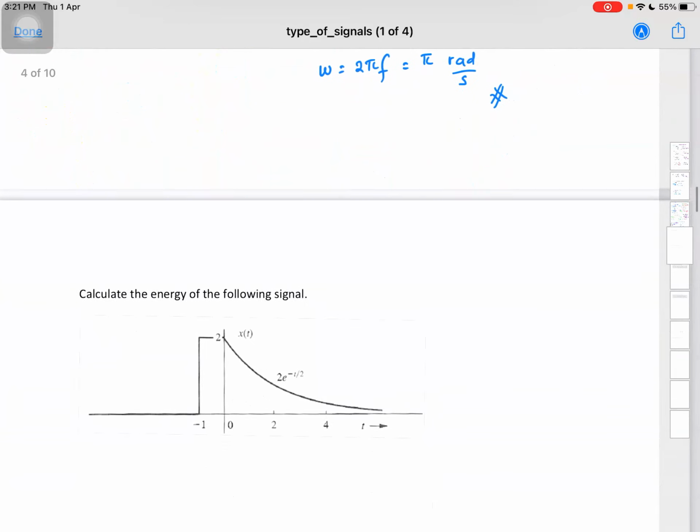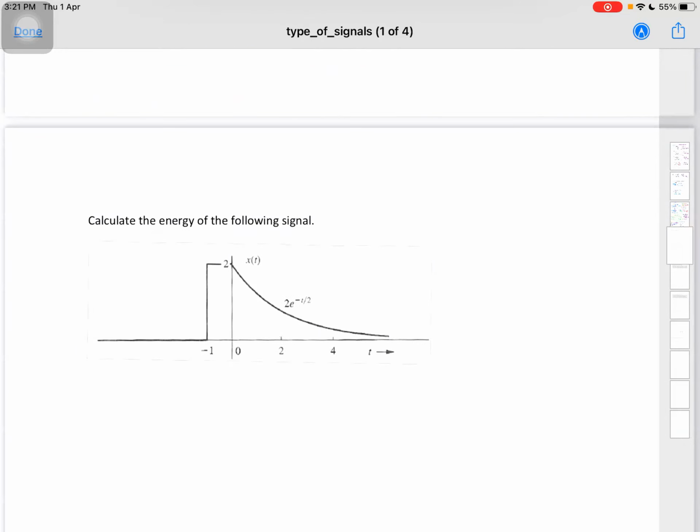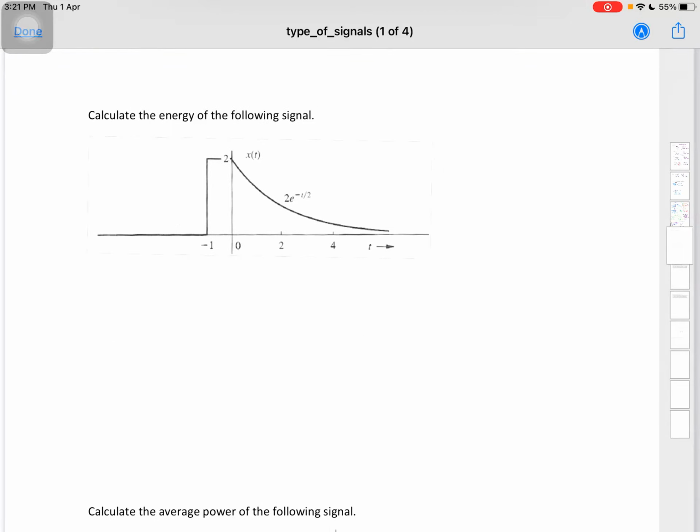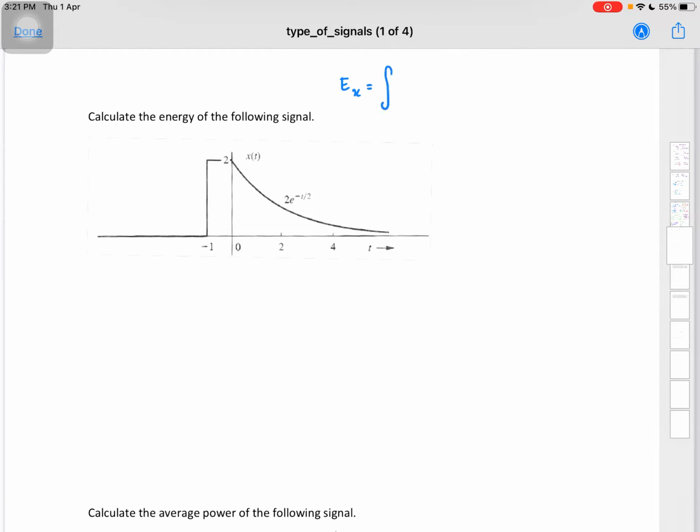Next one, we have the energy signal. Okay, so here we are given an exponential signal that is multiplied by a step signal over here, right? So we are asked to calculate energy. Hope you still remember the formula for energy: integration from minus infinity to infinity of the signal squared dt, right?